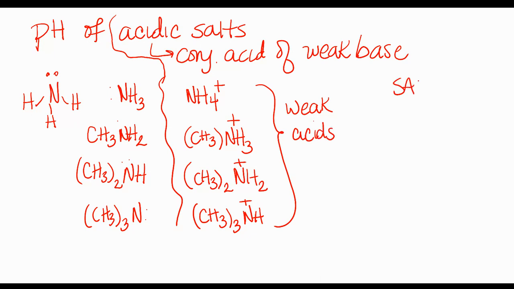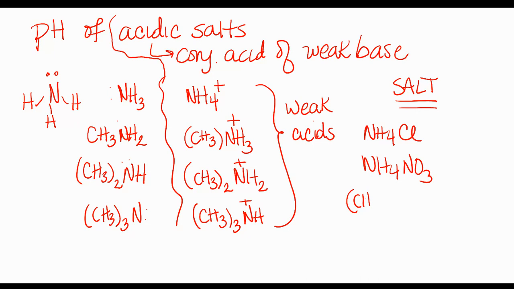And then who's going to be in there as a salt form? Well, the ones we're going to be looking at, they're going to be paired up with the conjugate base of strong acids. So it's going to be NH4Cl, NH4NO3. Could even get really fancy if we wanted and do like (CH3)2NH2NO3.